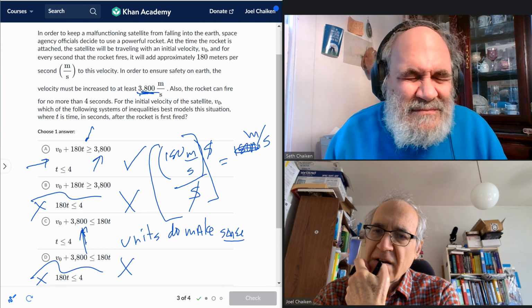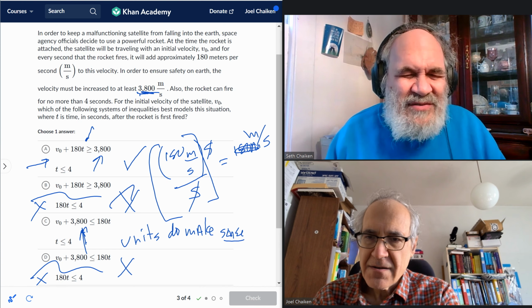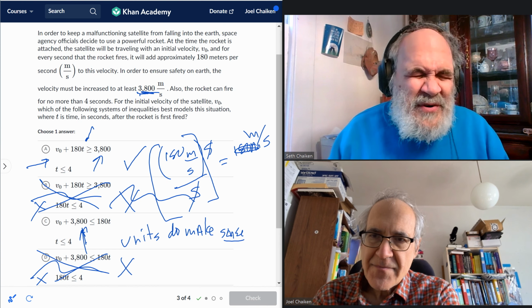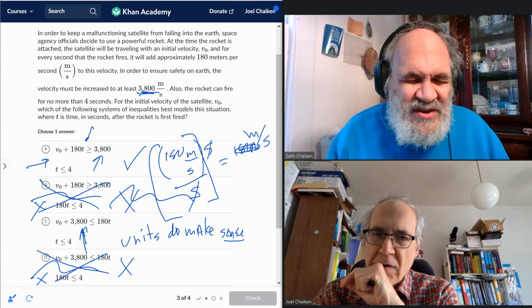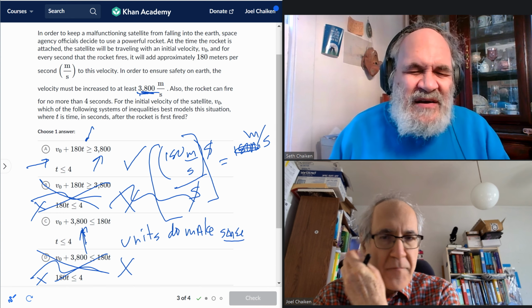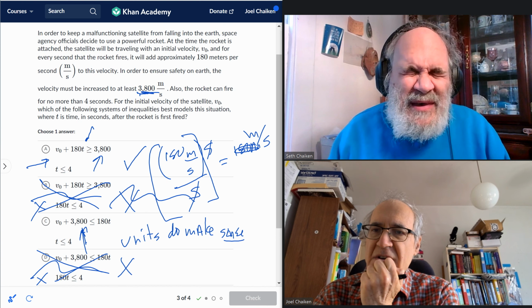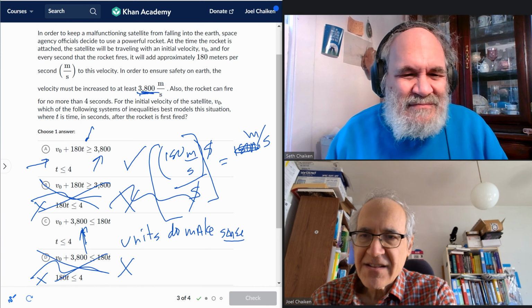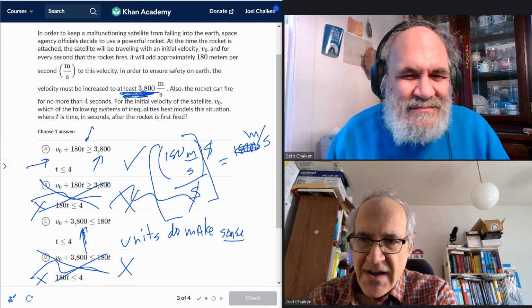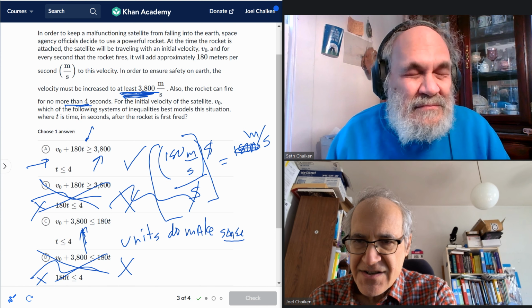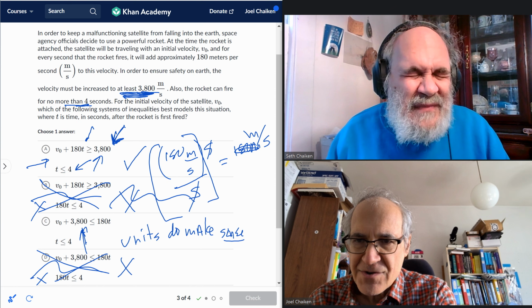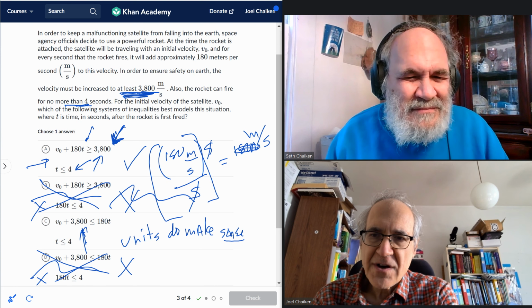So after eliminating, it turns out following your nose works. The first choice is simply a reading of the data in the problem: at least 3,800, and no more than 4 seconds. This is the only one that has a less than or equal to 4 and a greater than 3,800. Not the best way to do the problem, but it certainly works.